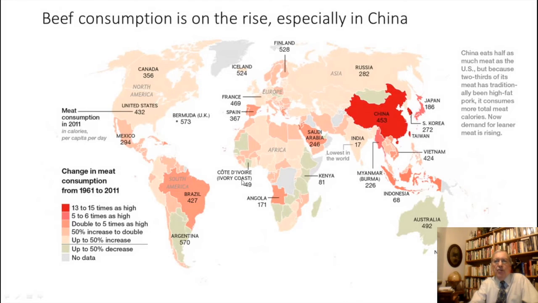And in much of Africa, as you would expect, there's very limited consumption of beef. Here's Ivory Coast, Cote d'Ivoire, which you saw a video about, only 49 calories from beef. You know, a little more than 1/10 that of the United States.